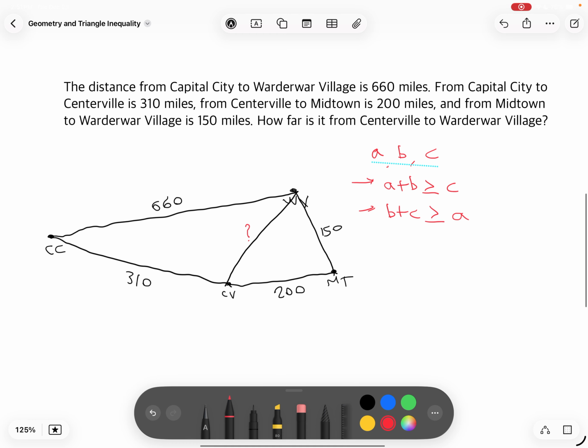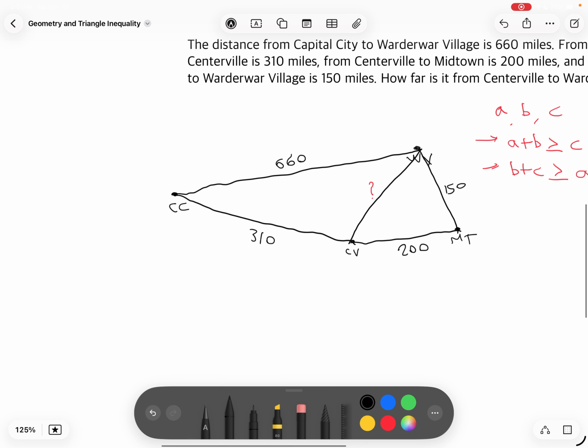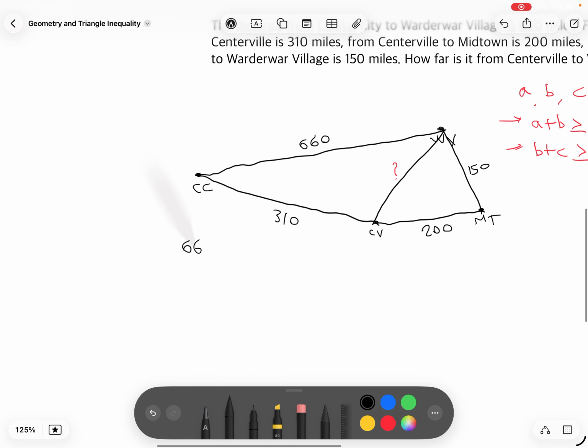So, applying that to this problem, we have the sum of the two sides of this large triangle, CC, WV, and CV. We need to find 310 plus our mystery length, and that needs to satisfy the triangle inequality.